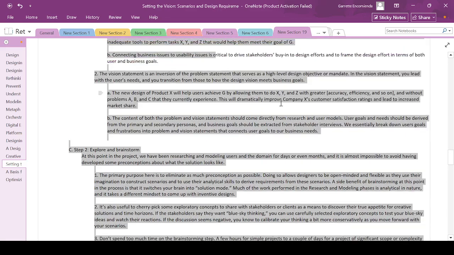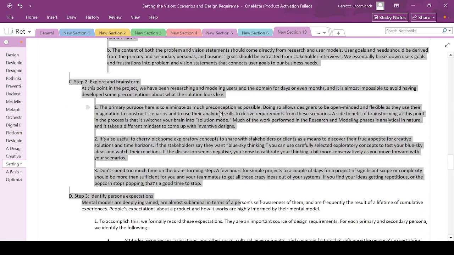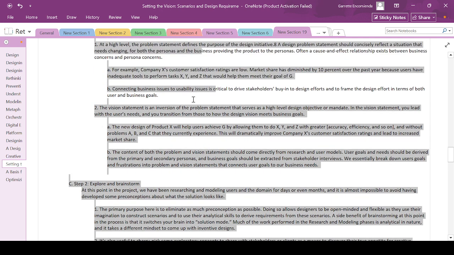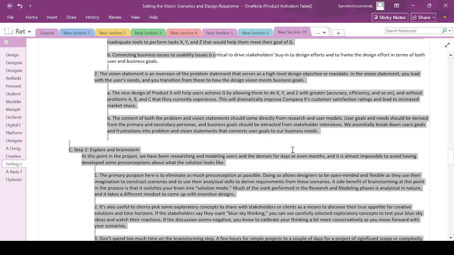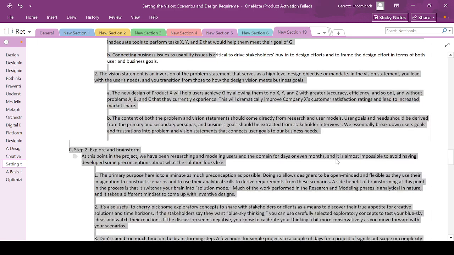So the G should come from the primary and secondary personas, and business goals should be extracted from stakeholder interviews. So the problem should be from stakeholders. You're going to get the company's dissatisfaction from the stakeholder. What's the problem? Like customer satisfaction rating is low, etc.